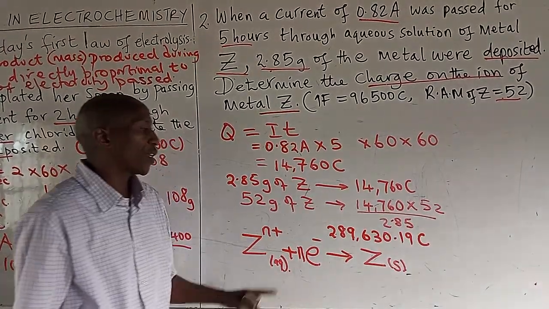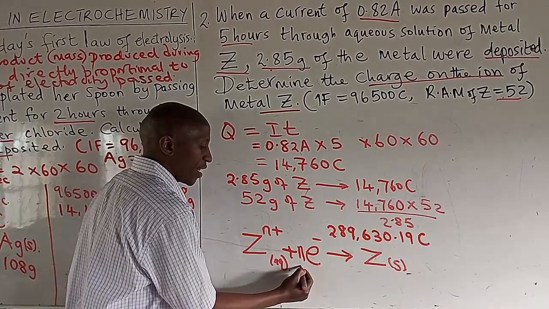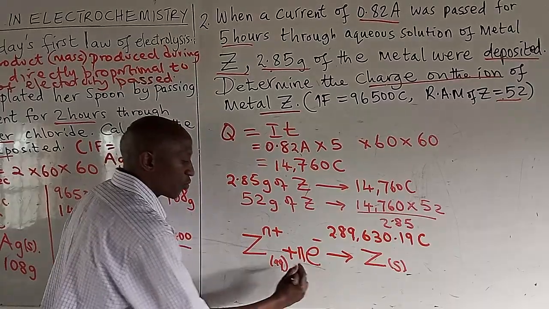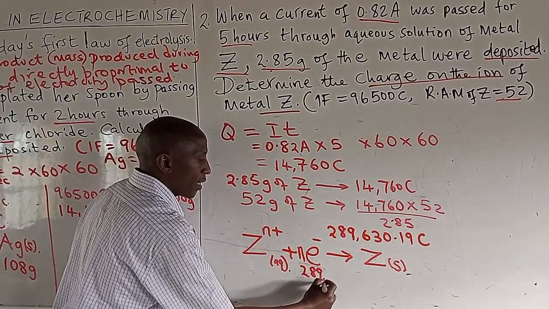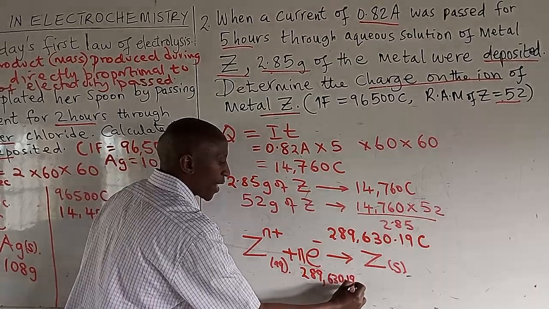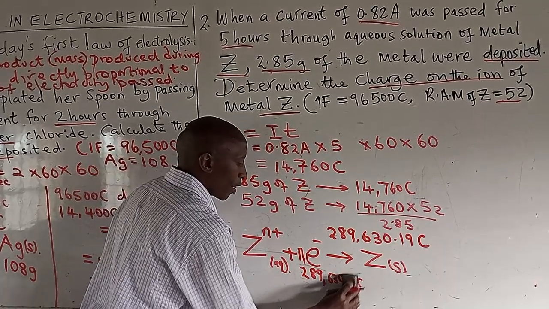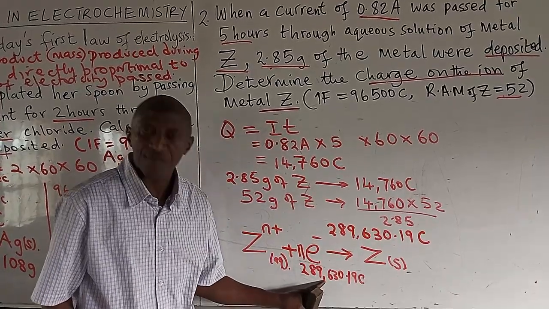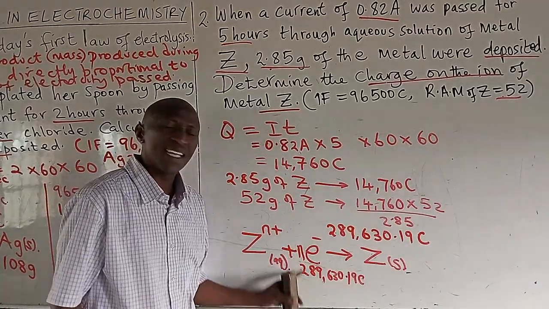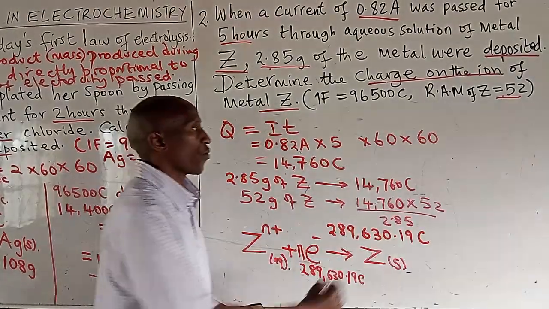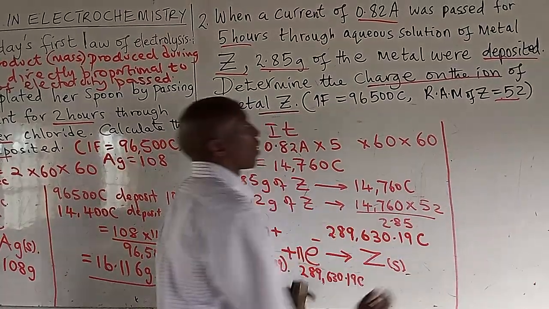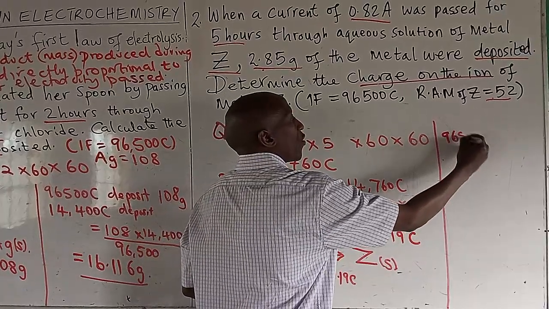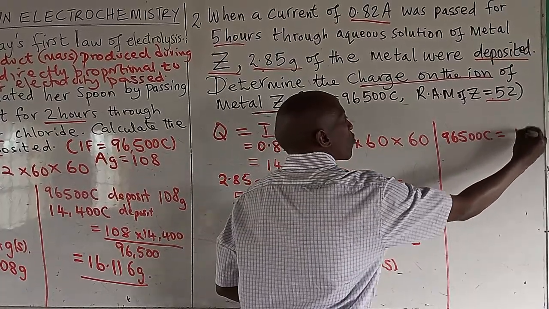Now, at this point, we are going to say that quantitatively, all this charge amounts to 289,630.19 coulombs. So our next step is to determine how many Faradays this is. From what we are given, 96,500 coulombs is equal to 1 Faraday.